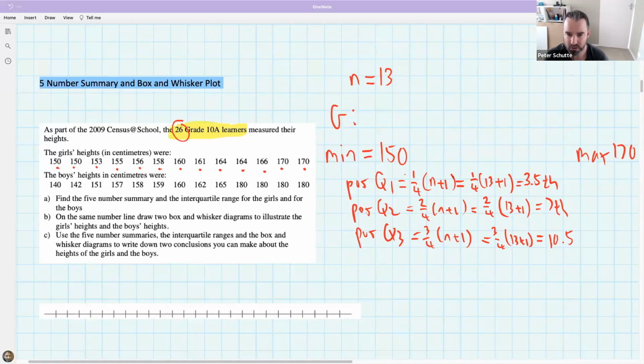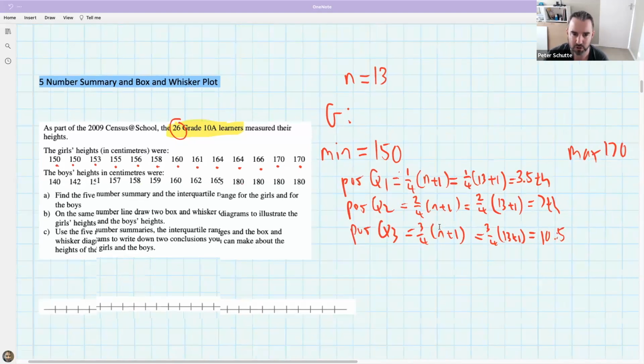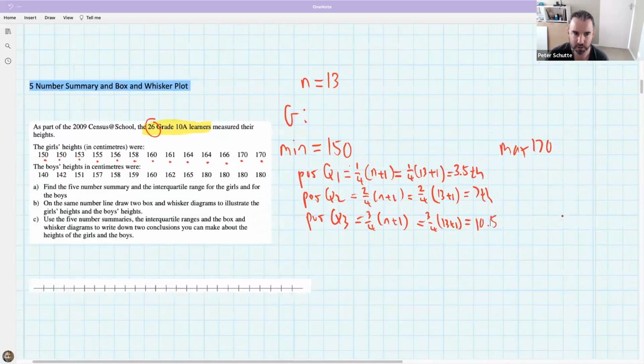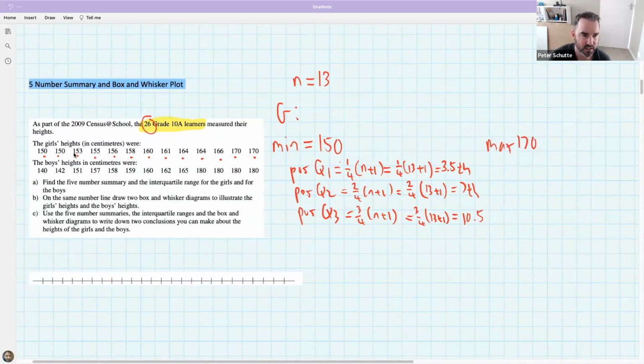Okay, so now we know the position but we don't know the actual value of Q1, Q2, and Q3 yet. So how do we find that value of Q1 for girls? I'm going to go to my set and go to the 3.5th position, which is over here.